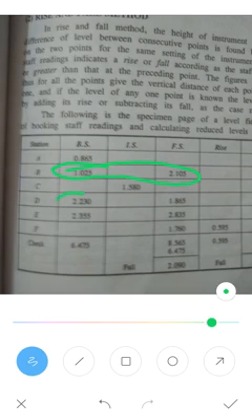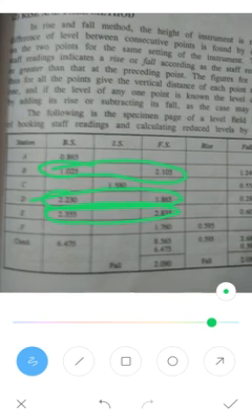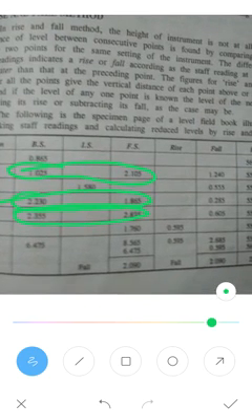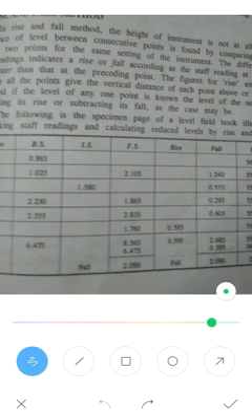Where you have backside and foresight in that row, you have to be very careful, because wherever you get backside and foresight, there you get HI. But in the case of the rise and fall method, it is not like that. Your main intention is the movement of the leveling staff one after the other.